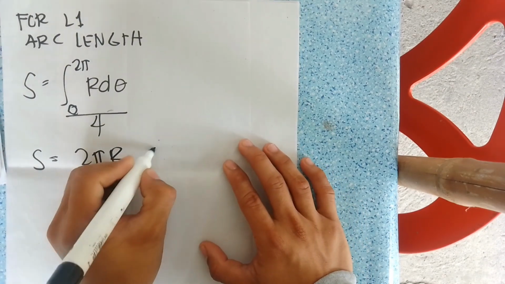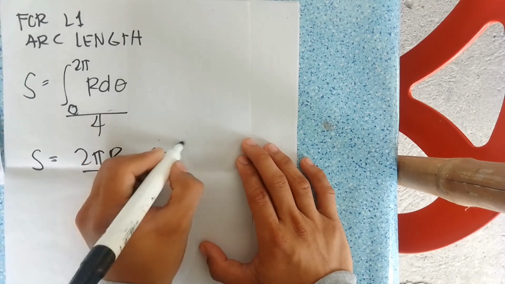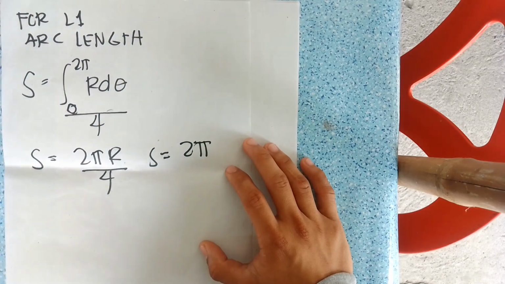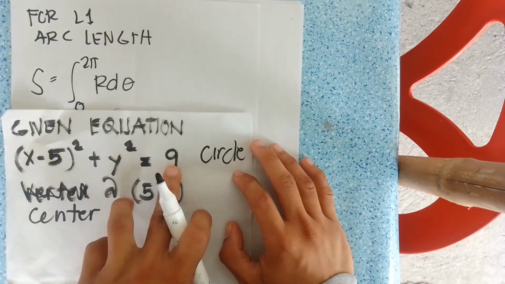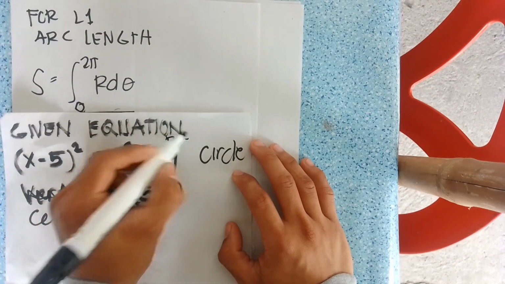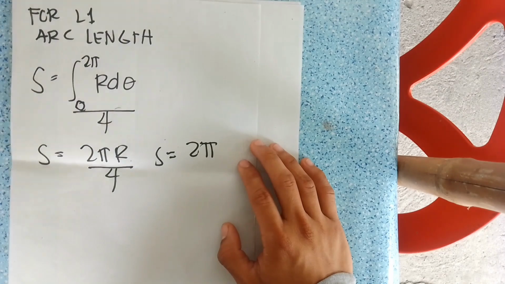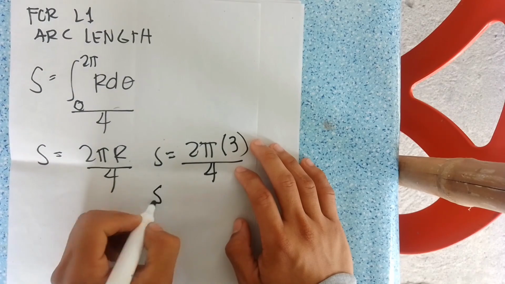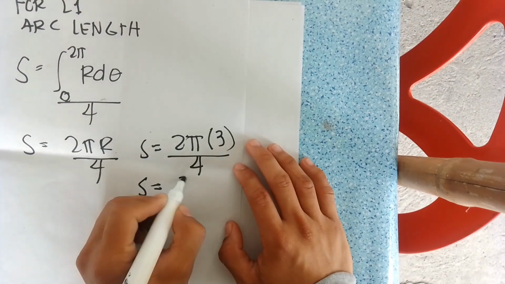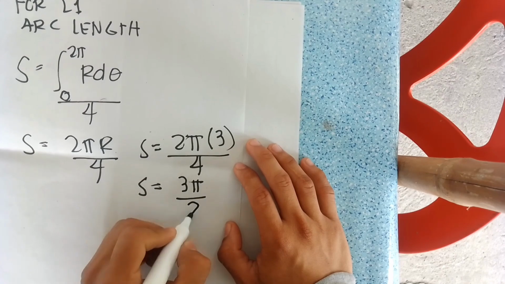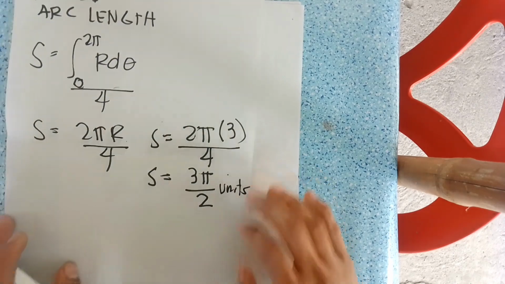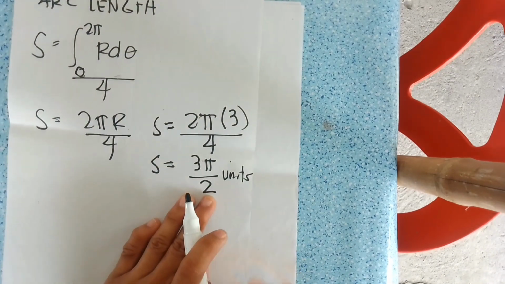So S is equal to 2 pi, our radius is 3, times 3 divided by 4. With the calculator we get 3 pi over 2. So this is our L1.